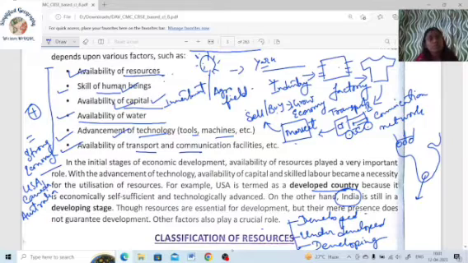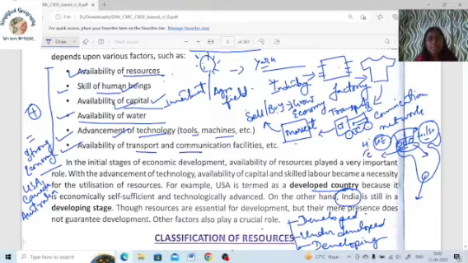These countries are there where the resources are available. But to utilize these resources, you will need technology and science. These are not available. Why? Because humans are uneducated. So they are unable to utilize these resources with the help of science and technology.